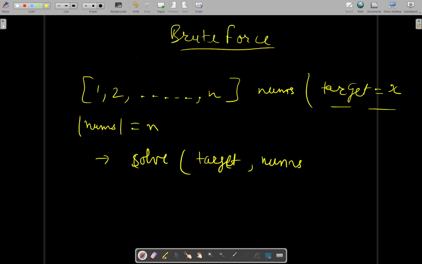Basically, all those numbers in the nums array which are lesser than the target's current value will be considered.